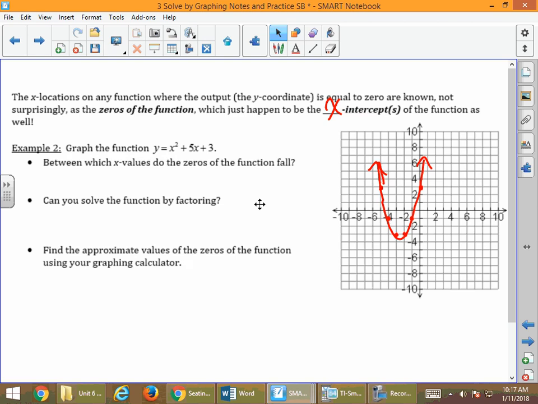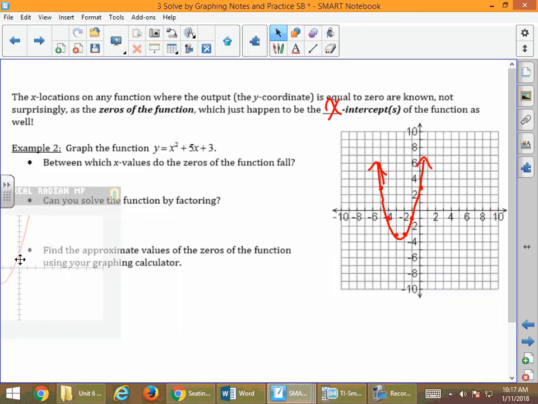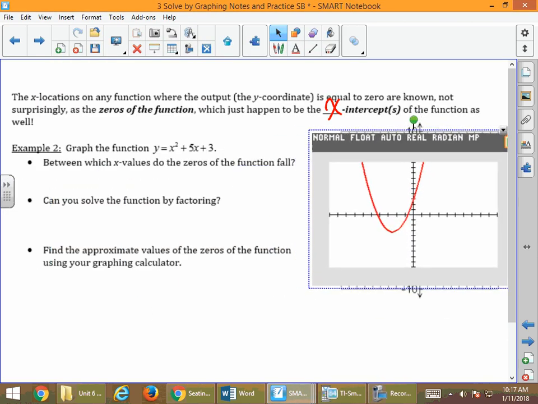But once we get our picture drawn, the first question says, between which x values do the zeros of the function fall? Well, maybe it's better to look at this screen than my actual picture there, which I still think is important to do. But in other words, what are the x-intercepts on here?